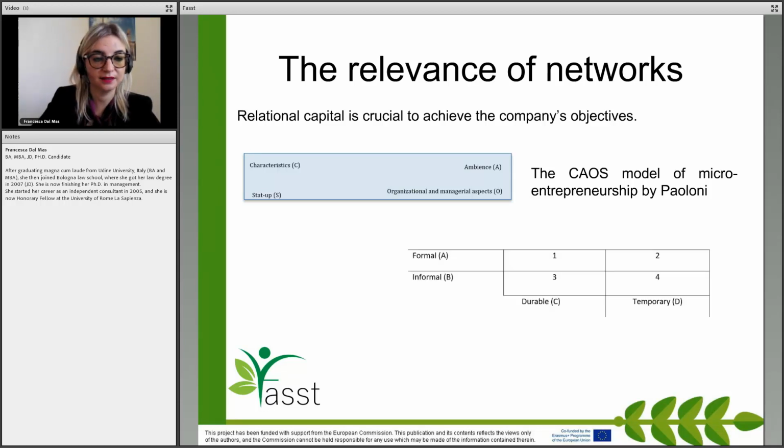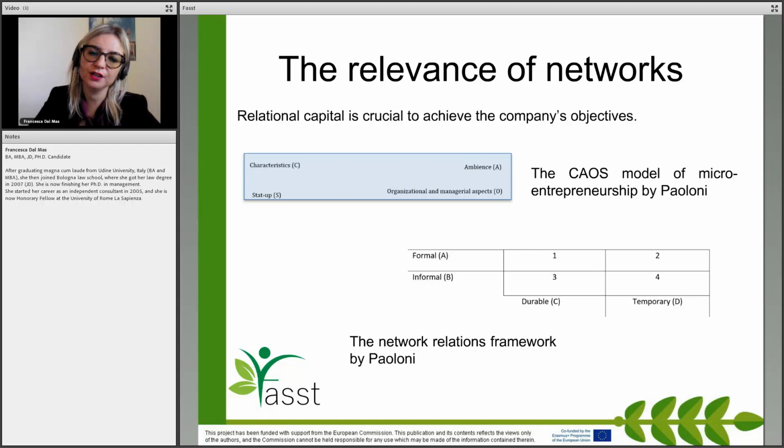Another model within this framework is the model of network relations. In this sense, every company should design a map where there are formal relationships in contrast with informal relationships, and these relationships can be either durable or temporary.